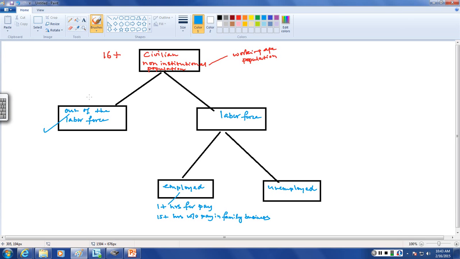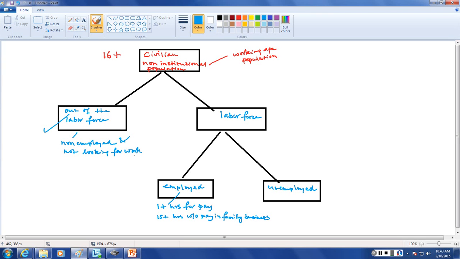So who is out of the labor force? Those who are non-employed and not looking for work. So if you are not employed and not looking for work, that's when you are out of the labor force.